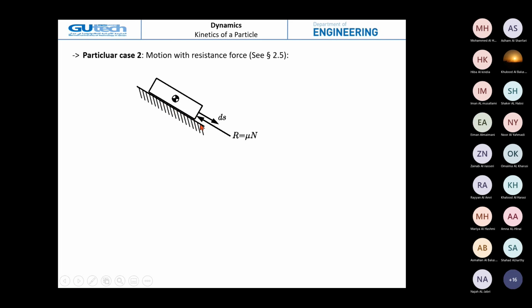The friction is defined by R, and R is mu, the friction coefficient, multiplied by the contact force N. Now we have the motion in this direction, and the resistance force R in the opposite direction to the motion.